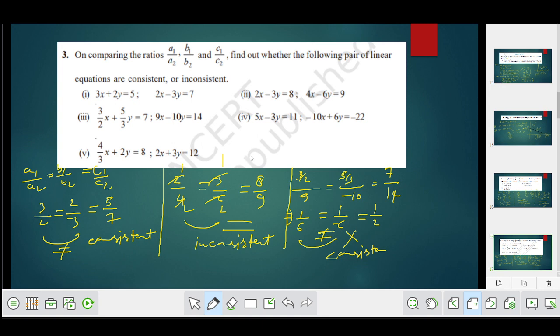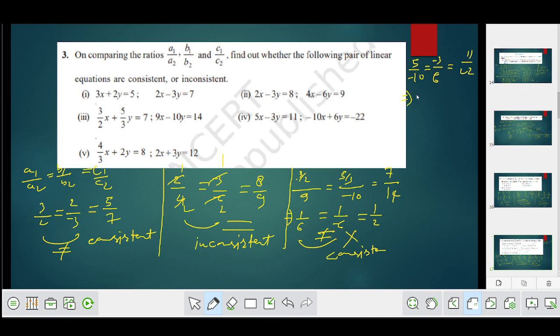Clear? Now fourth, 5 upon minus 10 equal to minus 3 upon 6 and 11 upon 22.